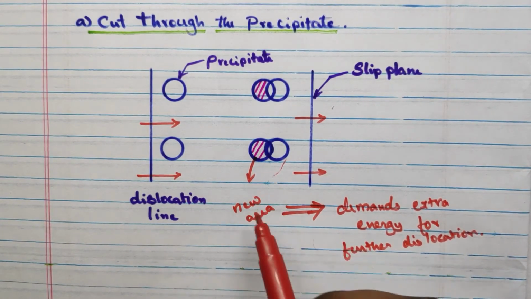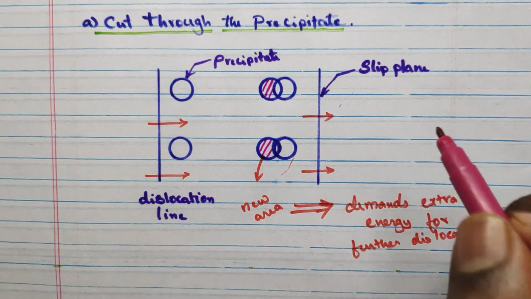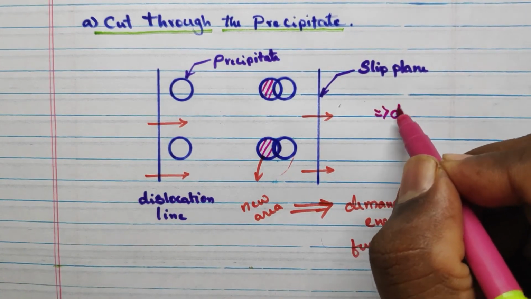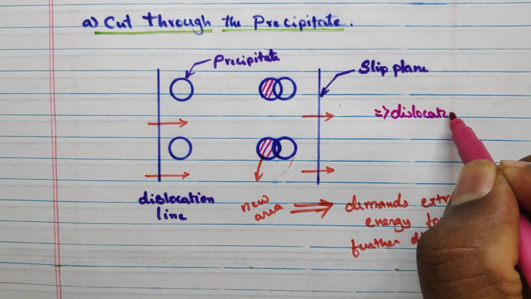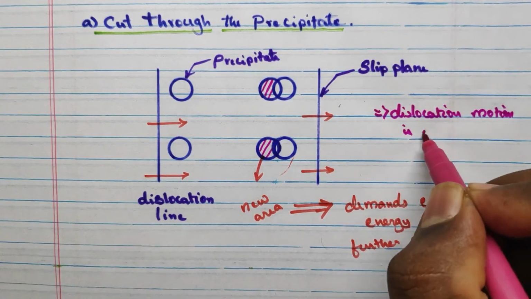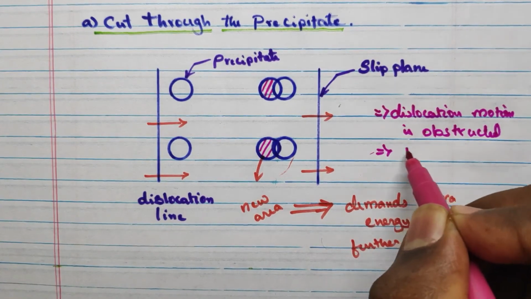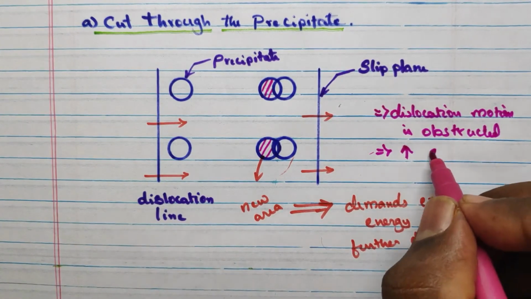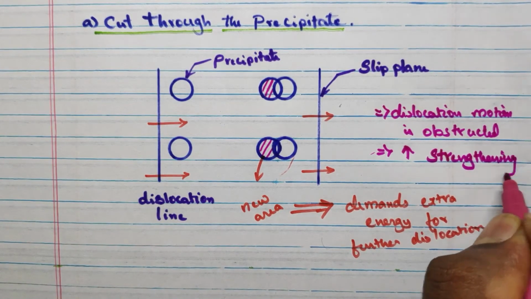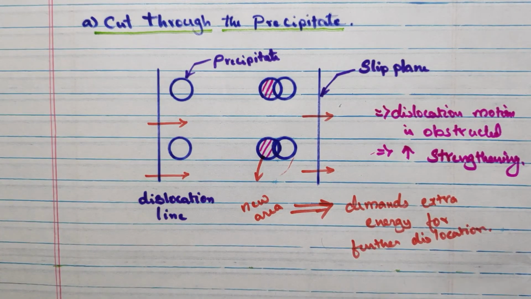Because of this, dislocation motion is obstructed, and it increases strengthening. This is exactly what happens in the cut through precipitate mechanism.